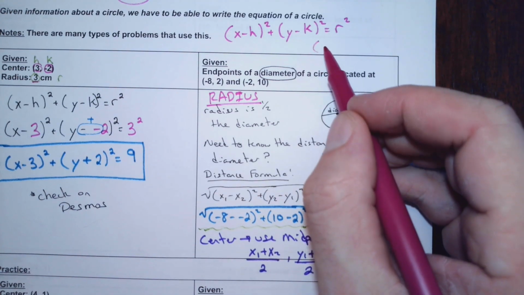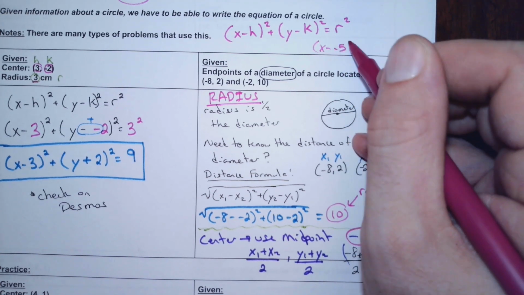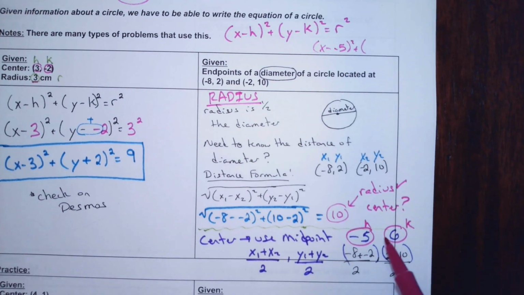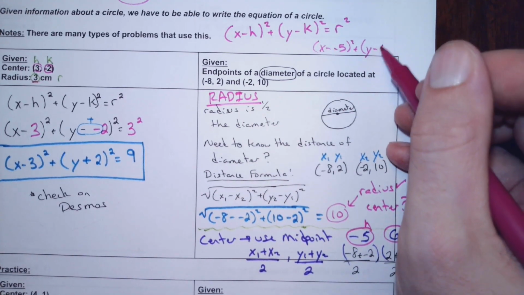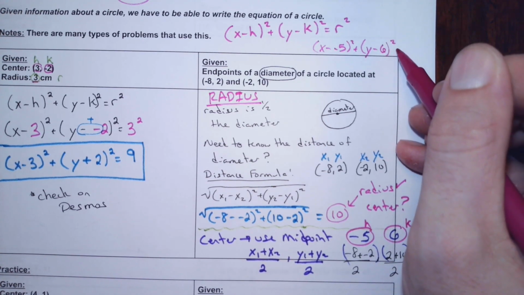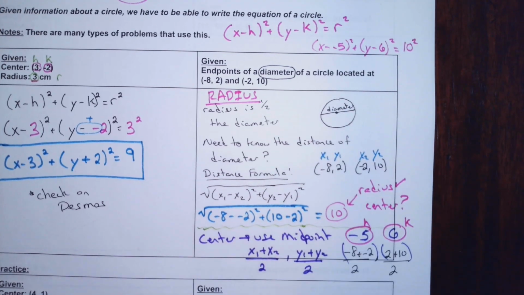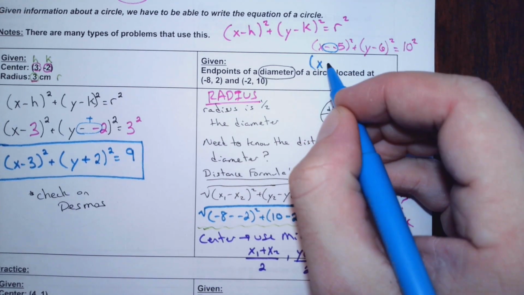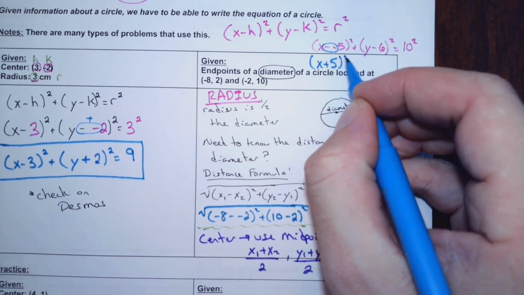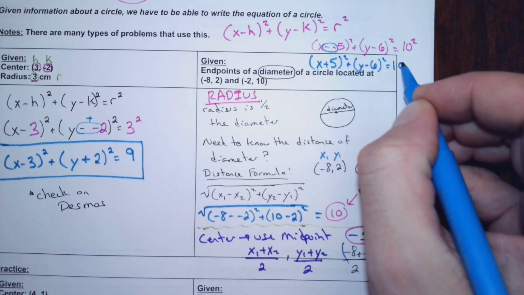We've got X minus H, which is -5, squared, plus Y minus 6 squared equals 10 squared. Now I go back and check, and I can combine. Right here I got 2 negatives in a row. So my final answer is going to be X plus 5 squared plus Y minus 6 squared equals 10 squared, which is 100.